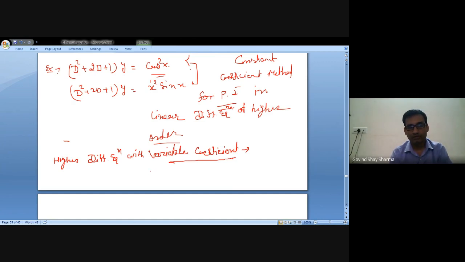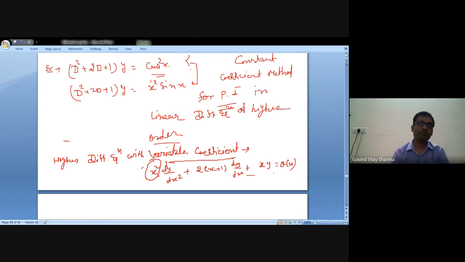Like this equation: x squared d2y/dx2 plus x plus 1 dy/dx plus xy is equal to 0. You observe this equation, the terms of dy/dx are multiplied with x. X is the variable. So if the derivative is multiplied with x square or x term, we call the coefficient variable.